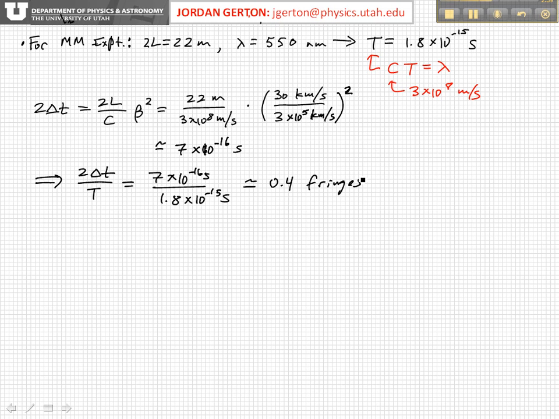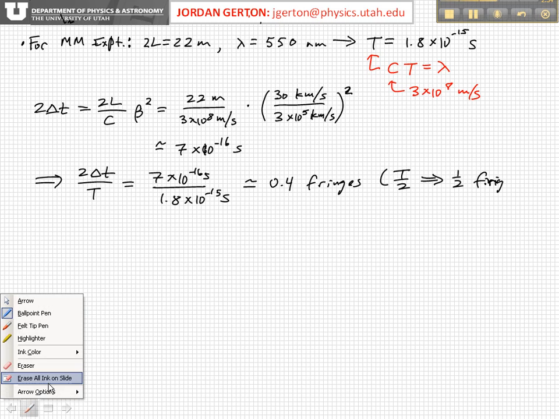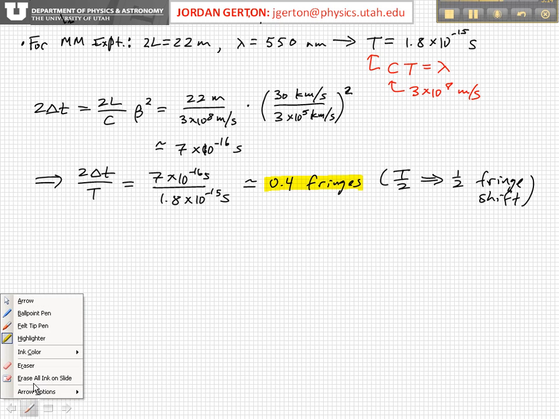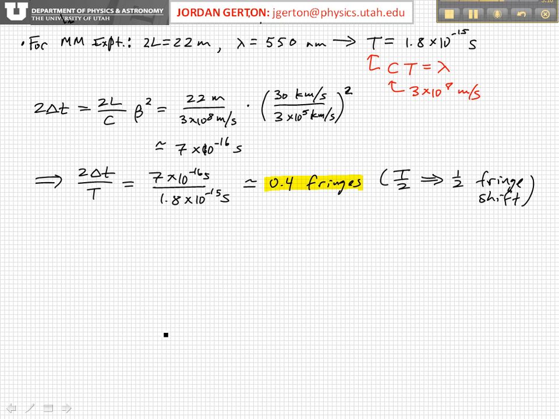Remember, a time difference of T over 2 implied a 1/2 fringe separation, or fringe shift, sorry. So they expected to see 0.4 fringes of shift after they rotated their apparatus by 90 degrees.